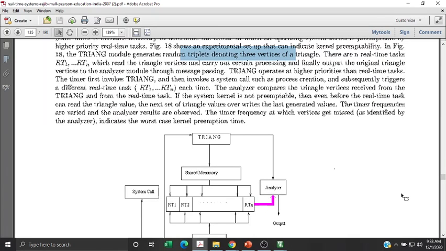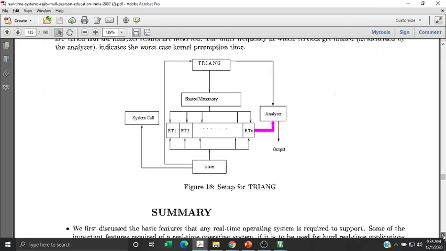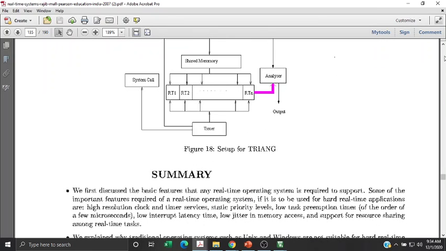There are real-time tasks sharing the same memory, and whenever they are preempted, the behavior of those tasks with respect to the priorities assigned to them will be analyzed by the analyzer. It tells whether the system kernel is preemptible or non-preemptible, and the preemptibility of a system with respect to the priority of real-time tasks can be tested.